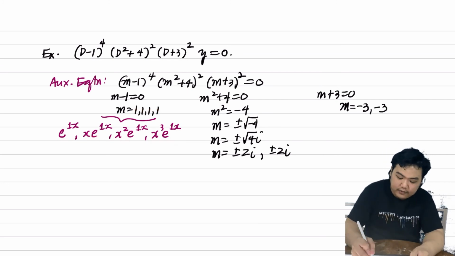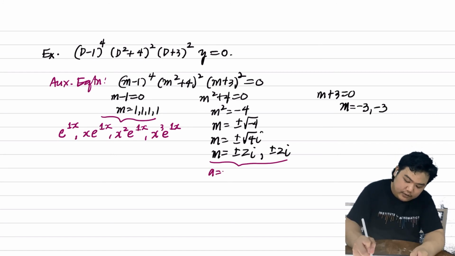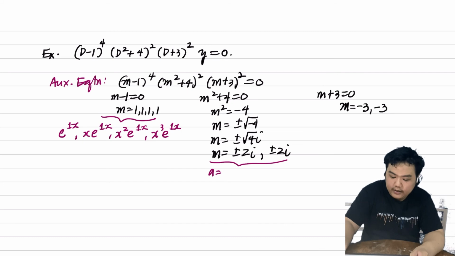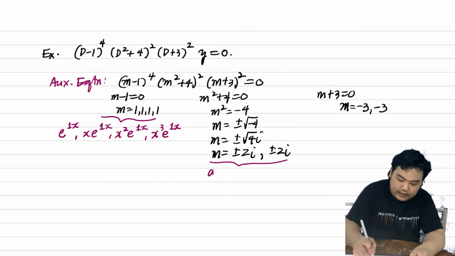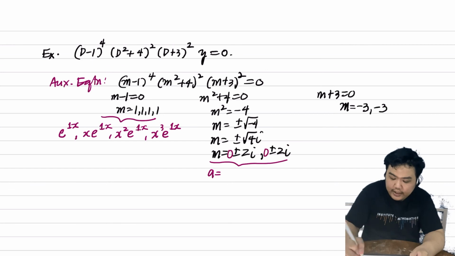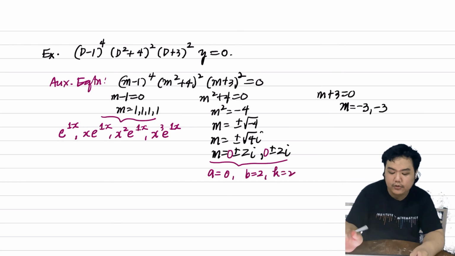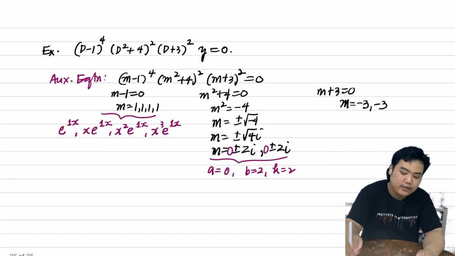And for this one, ano ang a natin? Diba this is 0 plus minus 2i. So, a is 0, b is 2. Ang k natin is 2. So, twice nag-a-appear ang bawat a plus bi tsaka a minus bi.